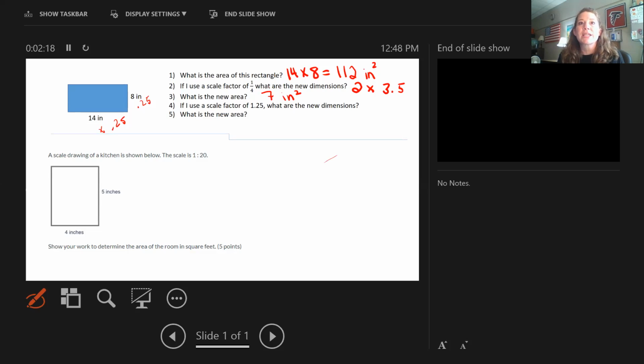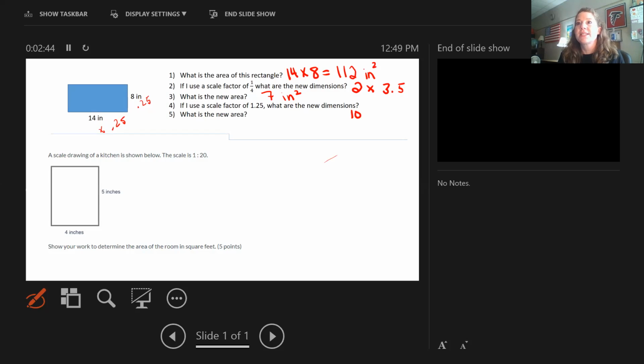All right, so going back to the original rectangle, 8 by 14, I want to now use a scale factor of 1.25 or 125%. So if I make my picture 125% of its original picture, is it going to get bigger or smaller? It's definitely going to get bigger, right? So now I'm multiplying 8 times 1.25, and I get 10.